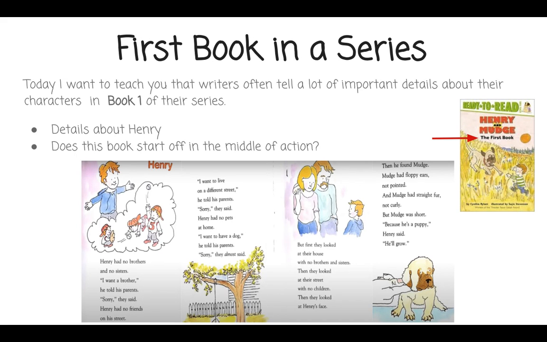We learned that Henry has no pets at home and he's feeling very lonely. And when he went to talk to his parents about it, they looked at him and wondered that he doesn't have any pets to play with or brothers and sisters or any children on the street. And then we get introduced to one of the most beloved characters, his puppy, Mudge.